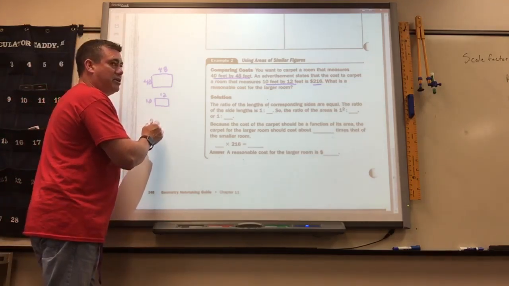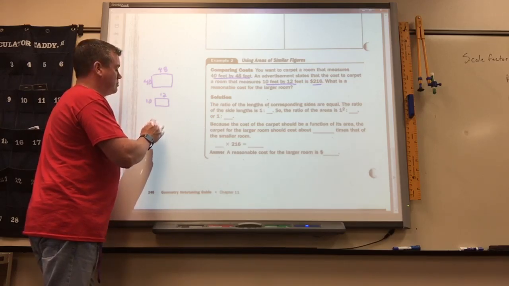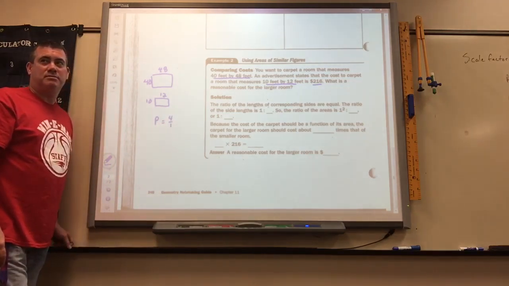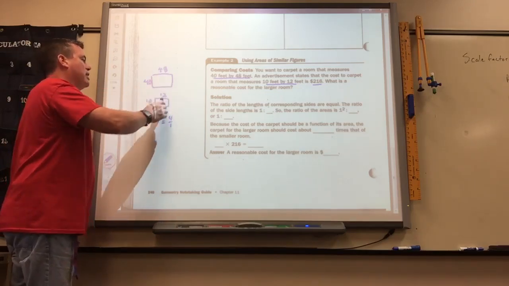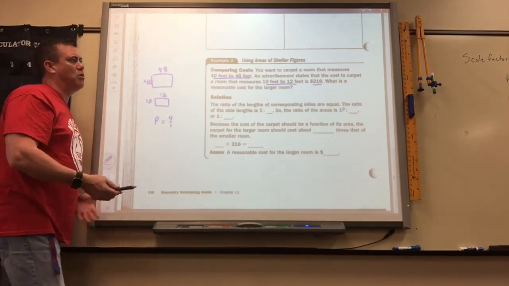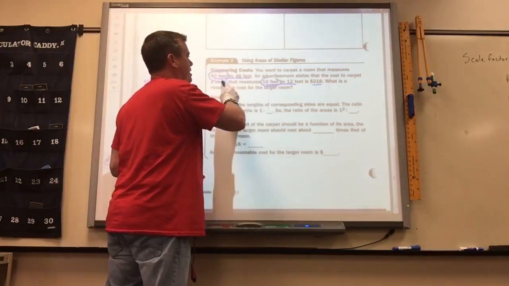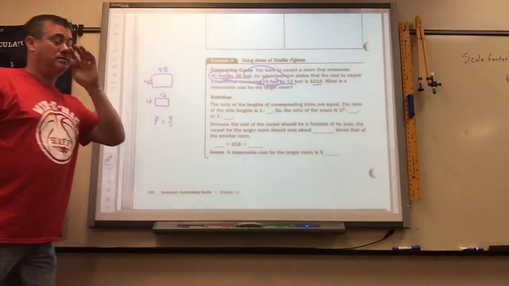So the scale factor, the ratio of the perimeters would be 4:1, correct? Yes. Because it's 40 to 10, which reduces to 4:1, or 48 to 12, which reduces to 4:1. So you wouldn't have to draw a picture, you could just see that. You could go 40 to 10 because they're corresponding, or 48 to 12 because they're corresponding.